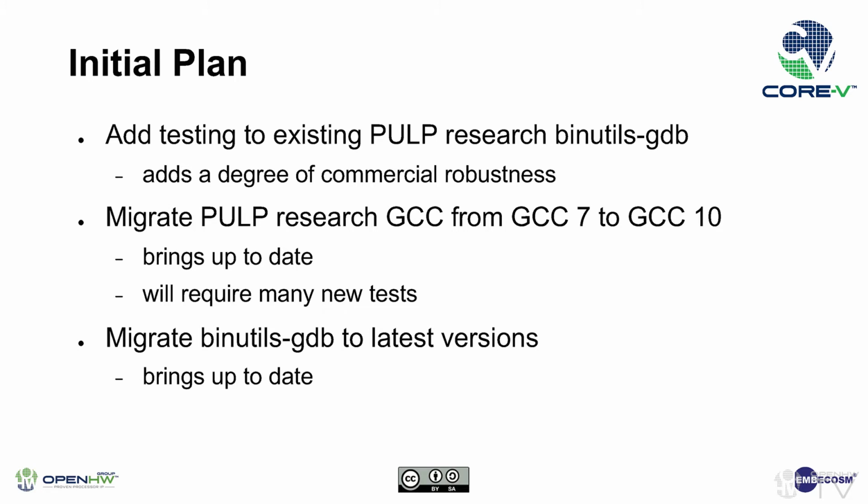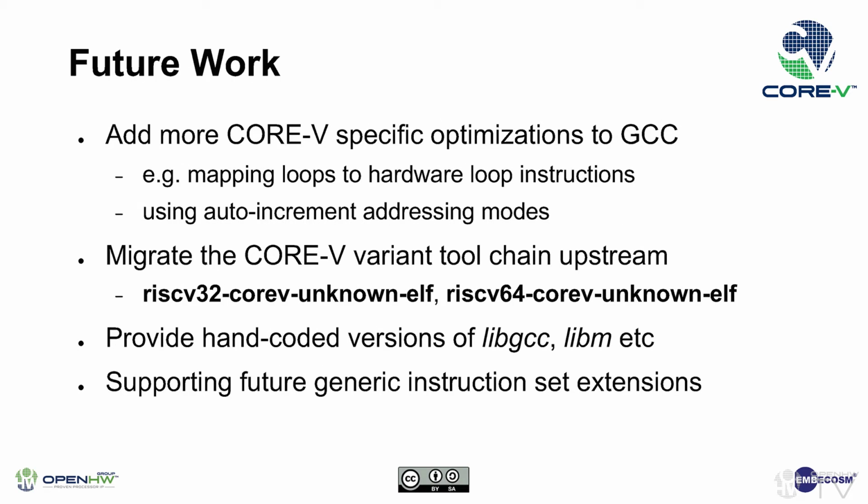Once we have a stable GCC with basic support, again, this is not the full automatic generation GCC yet. Once we have that, we'll then migrate binutils GDB to the latest as well. That's the initial work to get the basic support, and then we move on to future work.